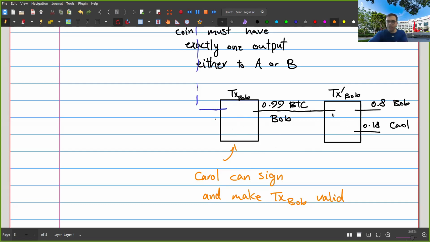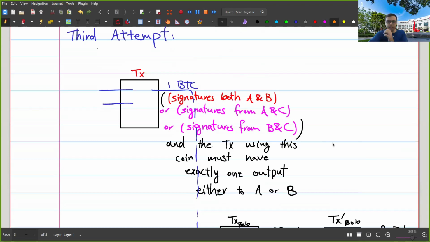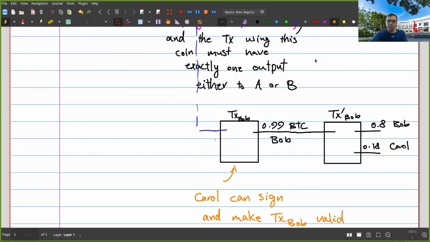And the second transaction is only valid if the first one is valid, because it has an input that was the output of the first one. So if Carol signs the first transaction, both of them become valid, and then Carol can just publish both of these transactions on the network, and she gets paid. So in any case, even if we write something like this, Bob can still bribe Carol.